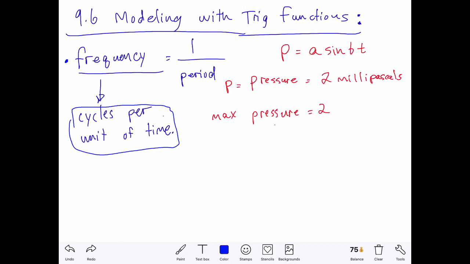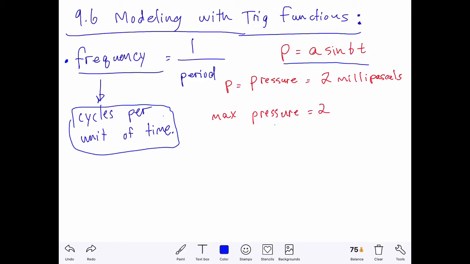So they give us a problem here in red, and they tell us that the maximum pressure produced from a pure tone is 2 millipascals. And you can always also look in the book here on page 506. And pressure equals A sine B of T. So that's just a general formula here that represents what's going on here.